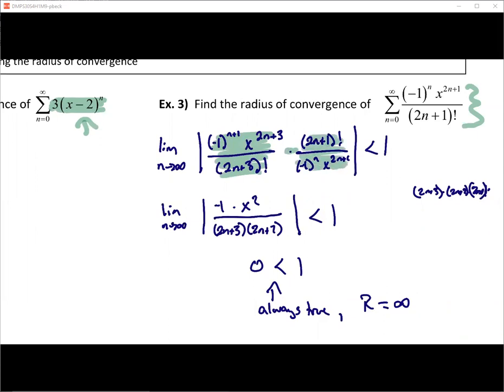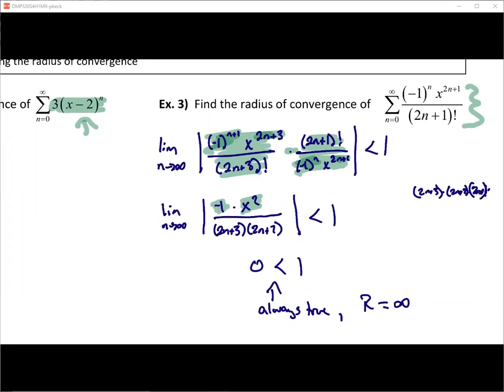And then we do some reducing. I see the exponent 2n plus 3 and the exponent 2n plus 1. What that means is we just have 2n plus 3 minus (2n plus 1), which is just x squared. We have negative 1 to the n plus 1 over negative 1 to the n, which simplifies to just negative 1. So a lot of exponent rules are going to come into play here.